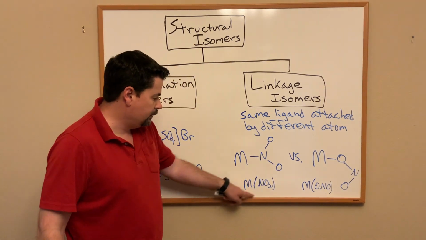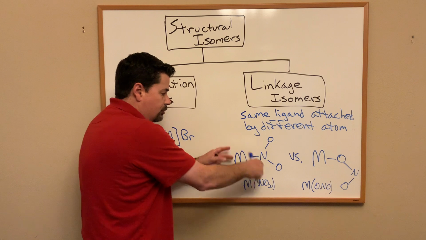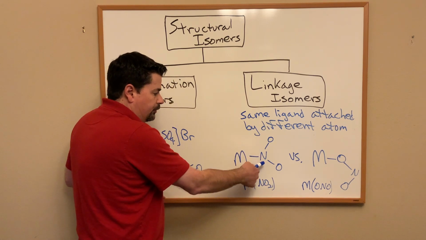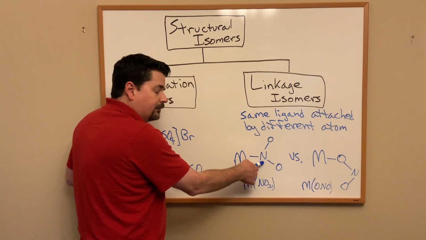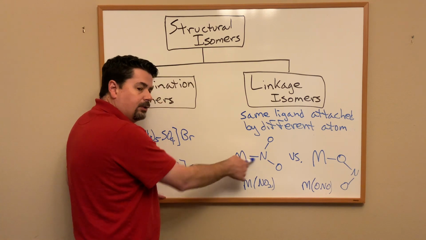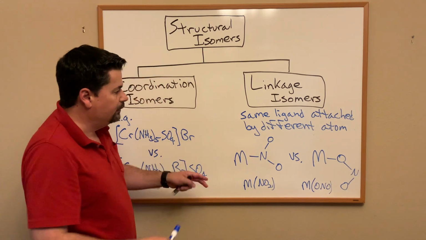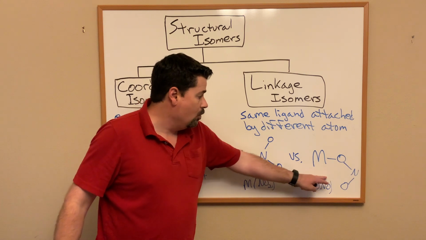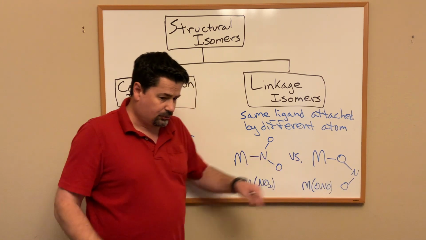So here, writing it in the formula like this tells us that the structure is actually this one here. The nitrogen is the one that donates the lone pair to form that coordinate covalent bond. And the other one, our metal ONO, it's one of the oxygens.